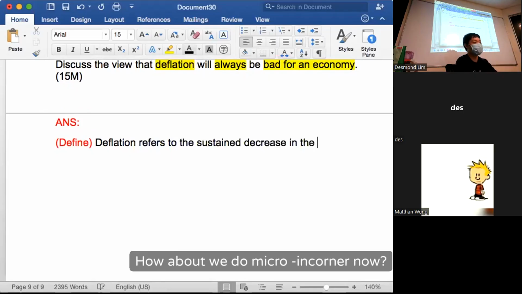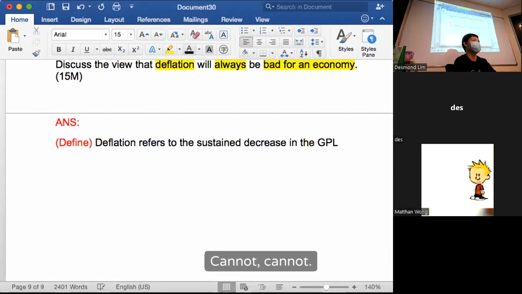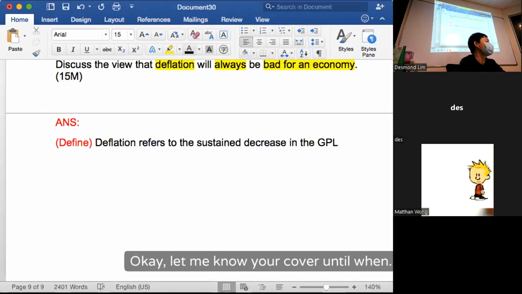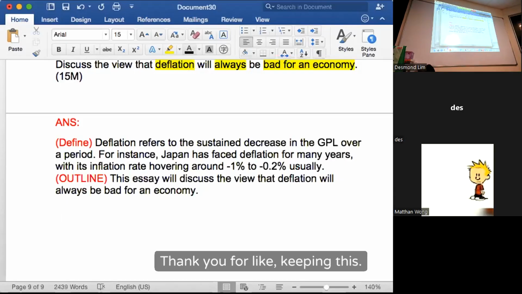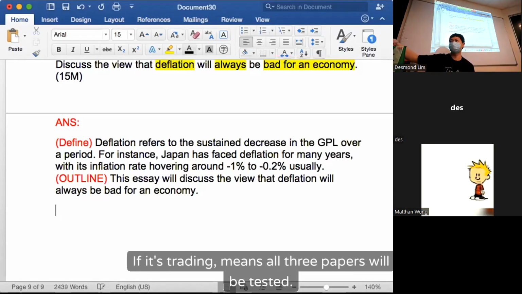So how about we do micro econs now? Cannot. This one. Okay, let me know your coverage until when. If it's 3 days, it means all 3 papers will be tested. Then all 2 papers will be tested.